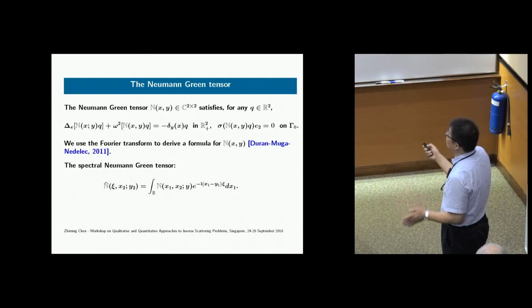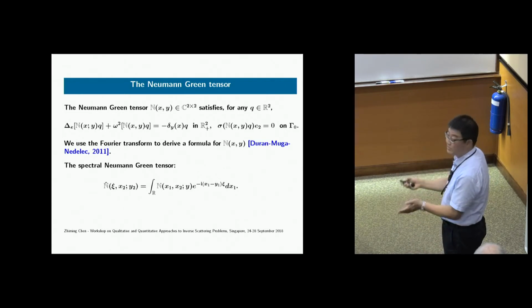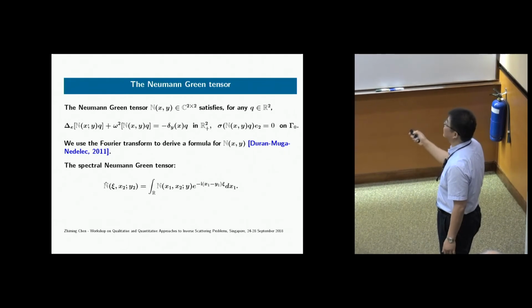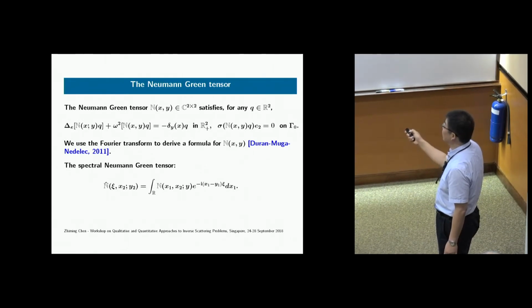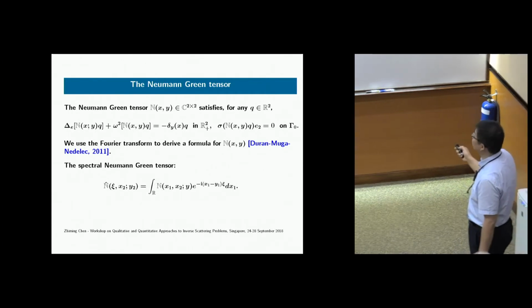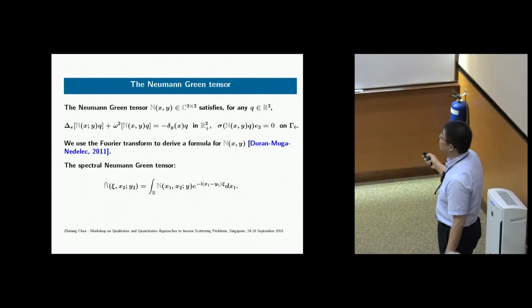So this is a Neumann-Green function, which means that it satisfies the Neumann boundary condition on the surface. It's no longer a function, it's a tensor, a matrix, because it's a vector wave. You have a polarization Q. This is the definition, and it has already been studied, for example, in Nedelec's paper.